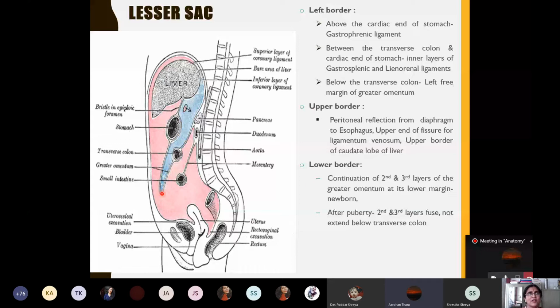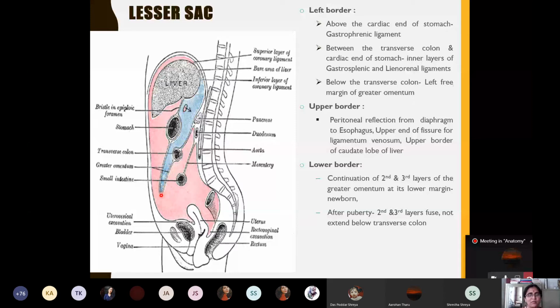Yes, you have a concept. Instead of saying reflection, we can say folding of greater omentum, or you can say continuation of the second layer of greater omentum with the third layer.